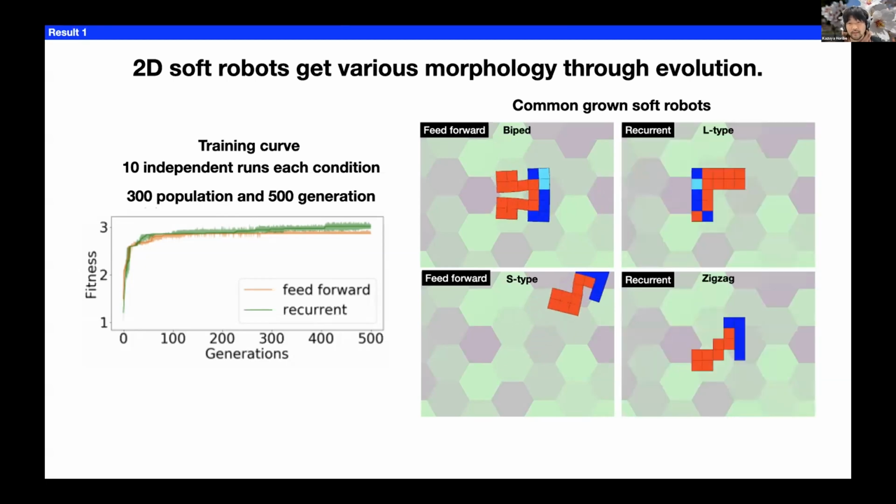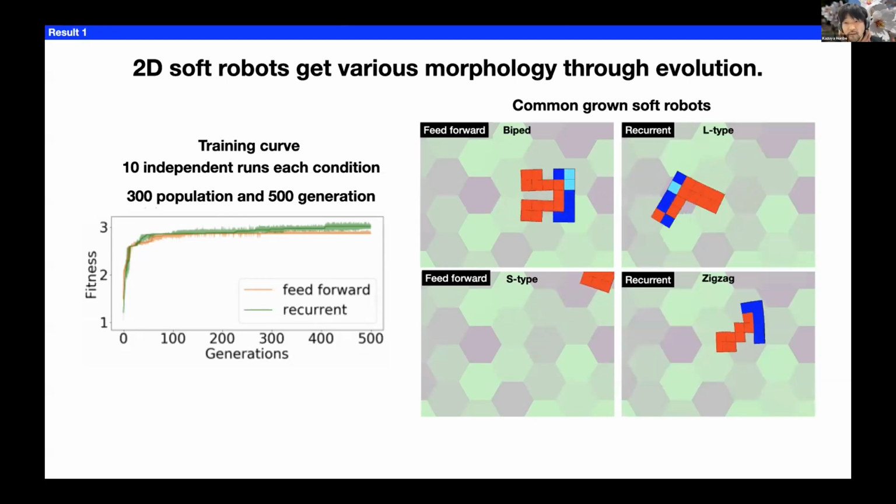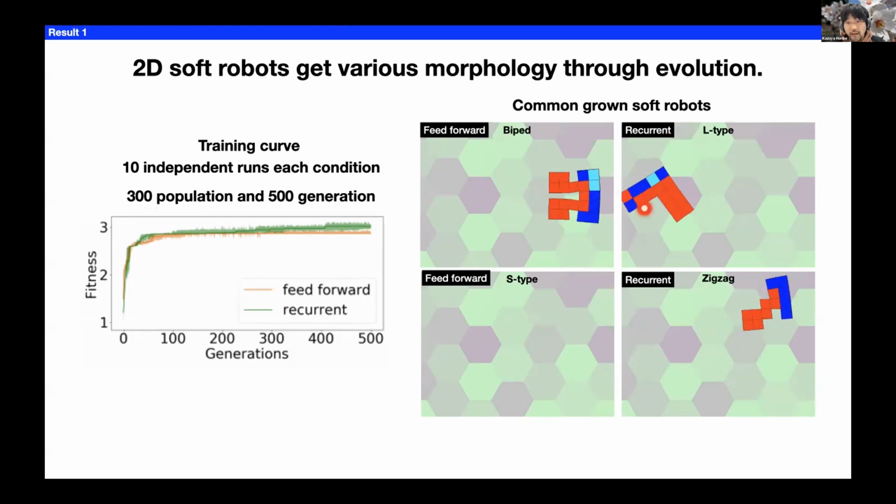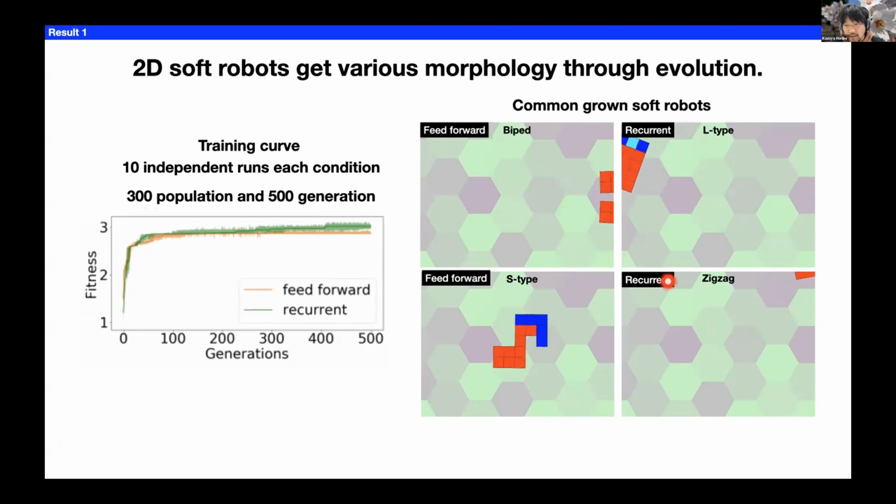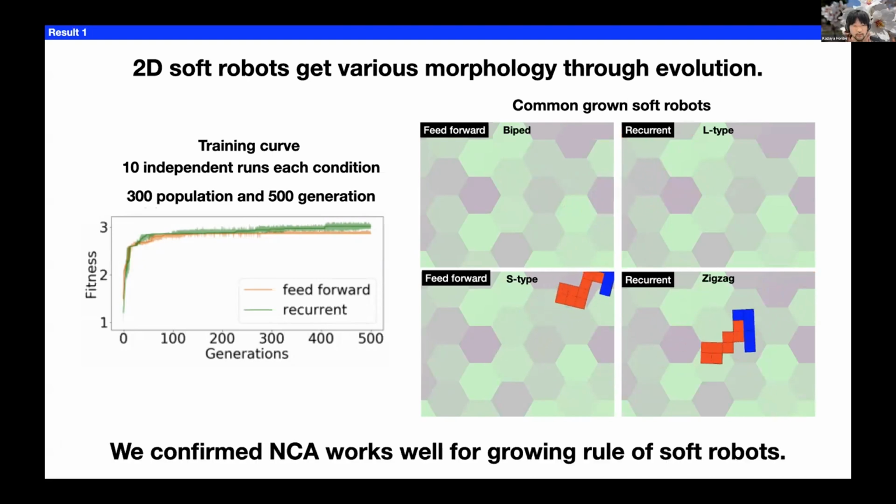And these are from the recurrent network, like the L-type and zigzag creature. So yeah, we confirmed that neural cellular automata work well for growing soft robots.